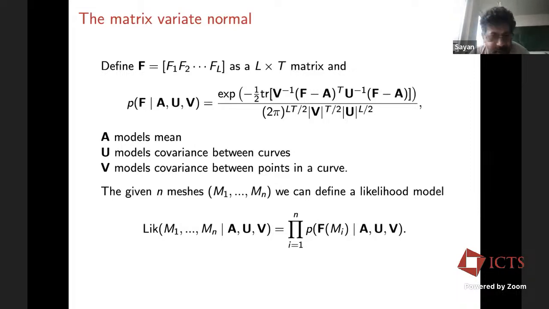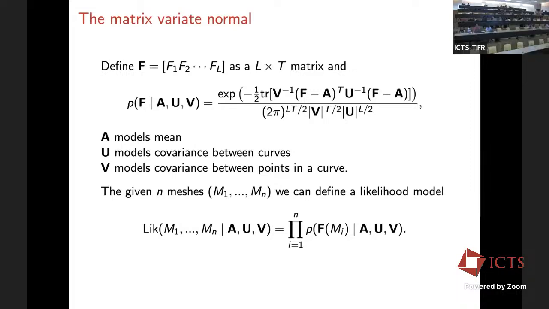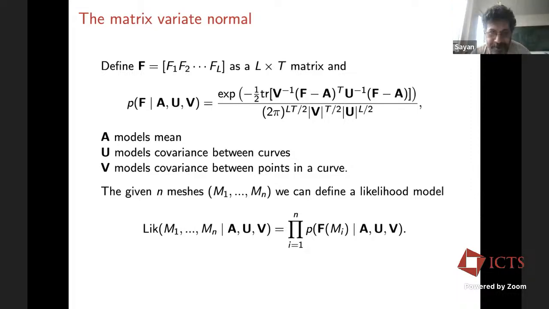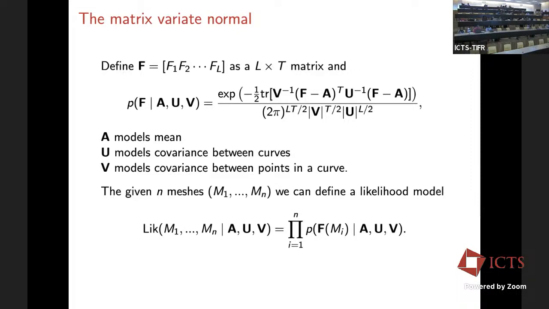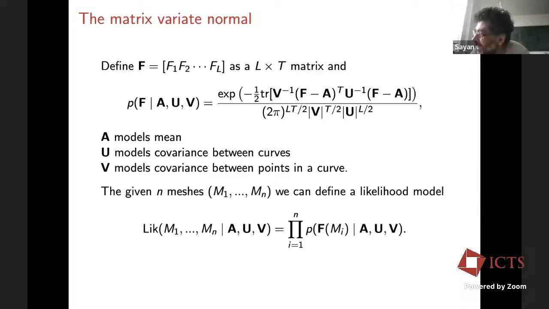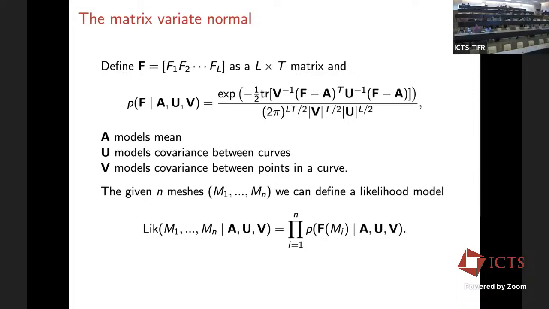So if you think about a matrix, you have two directions, rows and columns. Like any other distribution, you need to specify a mean or infer a mean. That's fine.